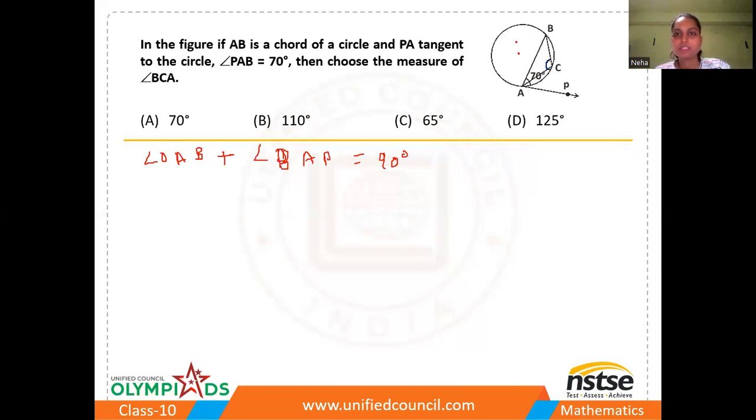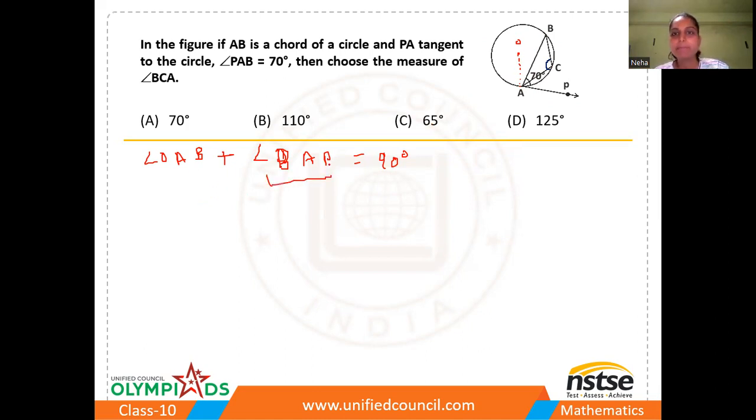Let's suppose this is the center of the circle, O. So OAB plus angle BAP is always equal to 90 degree because a tangent is always perpendicular to the radius. Here the center is not given, so I draw it, and name the center of the circle O.